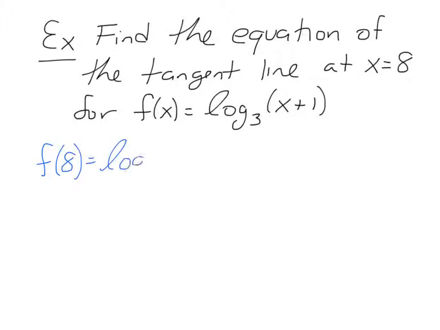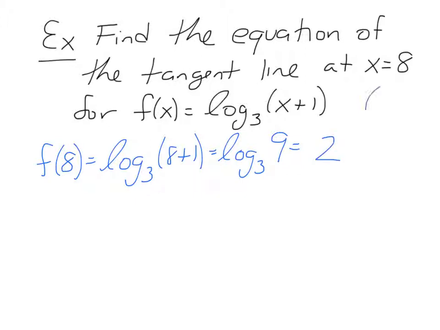So log base 3 of 8 plus 1, well, that's just log base 3 of 9. And we should be able to do this without a calculator. Log base 3 of 9 is asking you 3 raised to what power gives you 9. And since 3 squared equals 9, this logarithm equals 2. So the point is (8, 2).